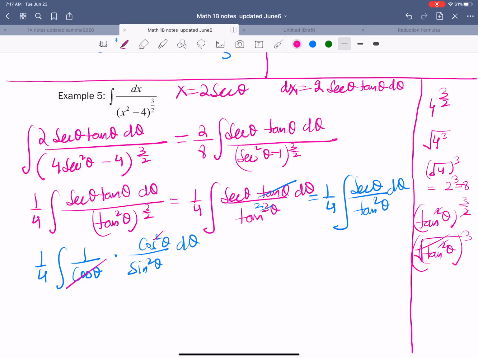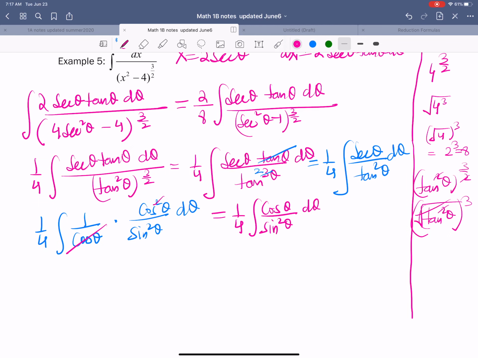I have two cosines on the top. So I'm left with, in my integral, 1/4 cosine theta over sine squared theta d theta. I can do the u substitution here. So let sine theta be u, cos theta d theta will be du.